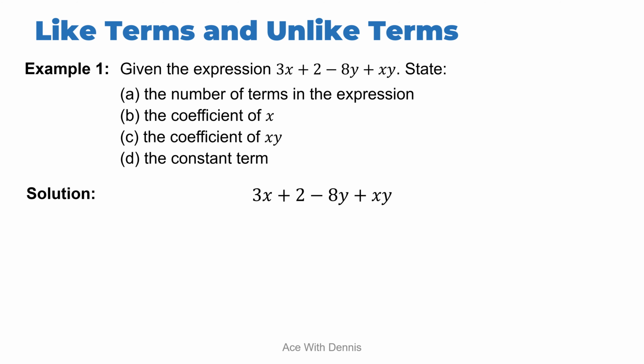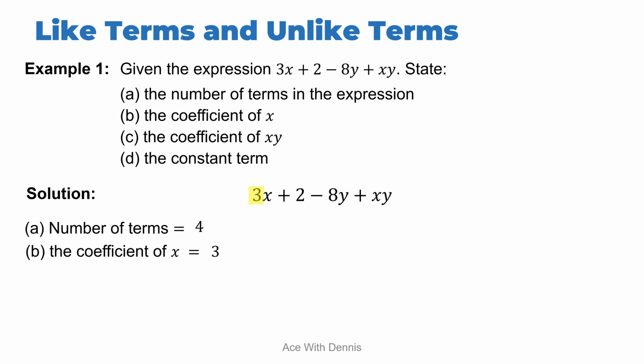And here is the solution. For A, let's look at the expression given: 3x plus 2 minus 8y plus xy. The number of terms here is 1, 2, 3, 4. So the answer is 4 terms. For B, the coefficient of x for this case is 3, while the coefficient of xy for this case is 1.